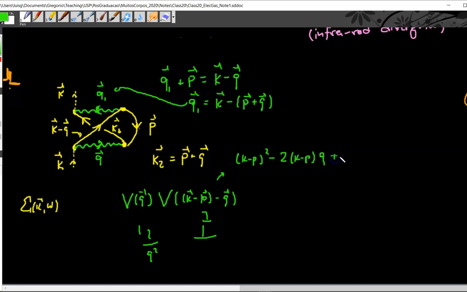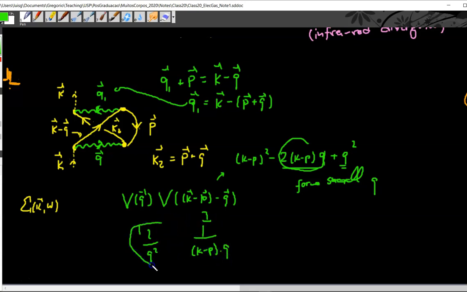What if the angle is 0, it would be something like that, right? And at most, for small q, this term would dominate, not this one, which is not as bad as this one. So this would be like k minus p times q.